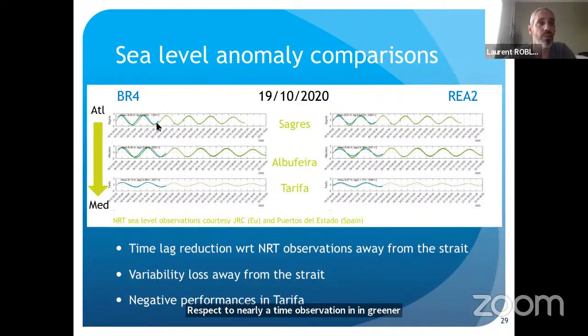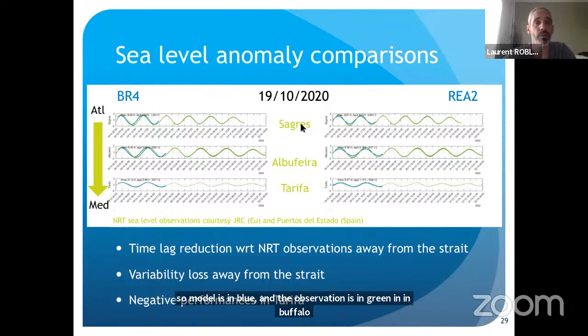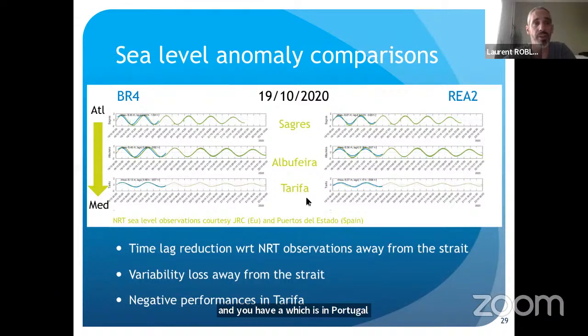The model is in blue and the observation is in green in both simulations. You have Sagres tide gauge station, which is in Portugal, Albufeira, still in Portugal, and then Tarifa in the Strait, provided by the Spanish organization Puertos del Estado.